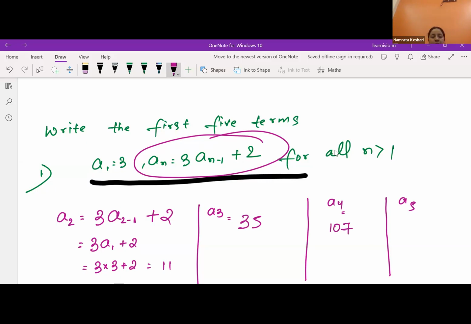A5 is 323. 322, Nabila? 323, ma'am. Yes, Manvi, what are you getting? Ma'am, I got the same thing, 323. Okay, 323.